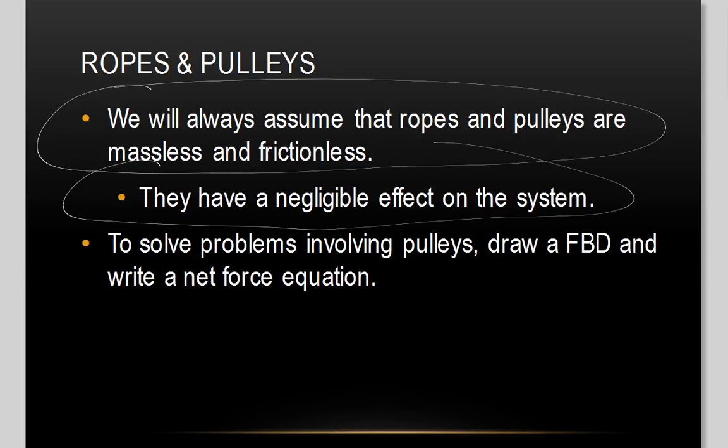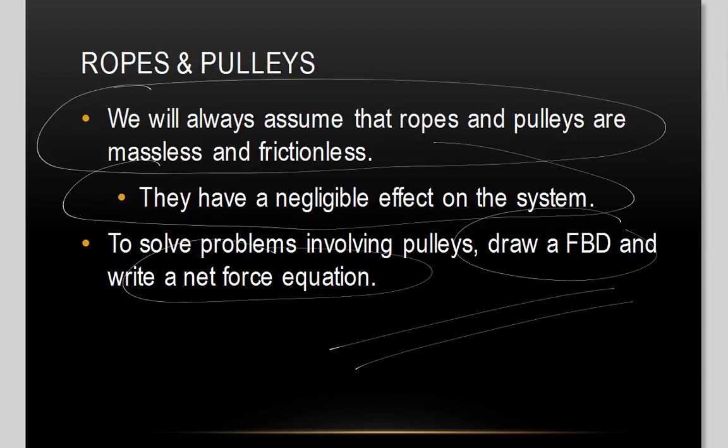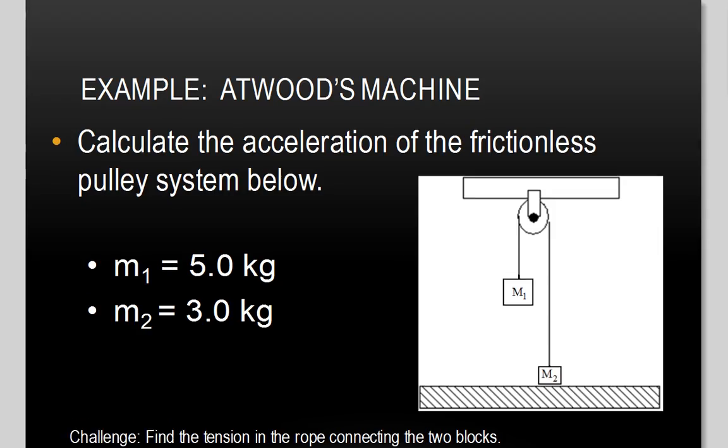But when we get into the lab and try to relate the theory to the reality, we'll actually see quite a huge discrepancy between what we think is going to happen and what actually happens, because there is some friction and mass in the rope and pulley. Nevertheless, the theory remains the same. Draw the free body diagram, write the net force equation, and then use algebra.